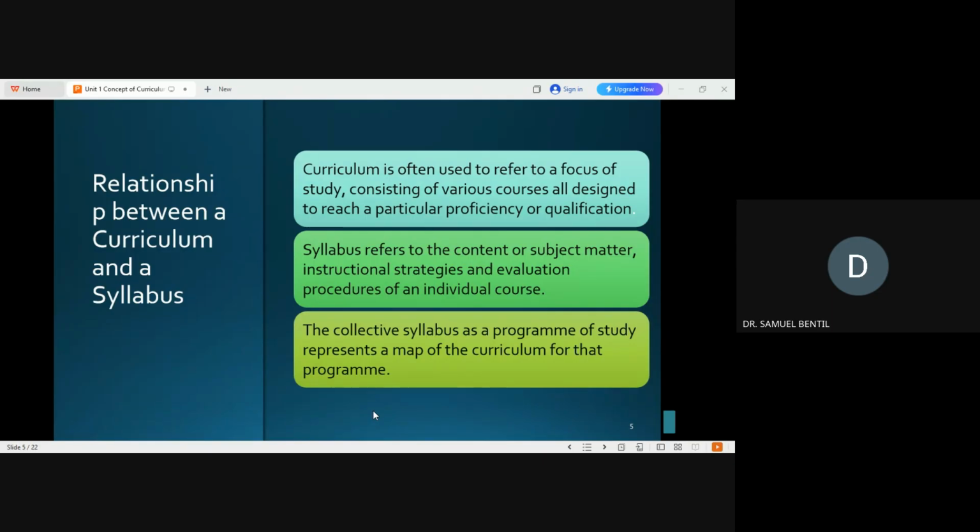And what the secondary school people call a subject, we call a course in the university. What the secondary school calls a syllabus is what we, in the university, call a course outline.